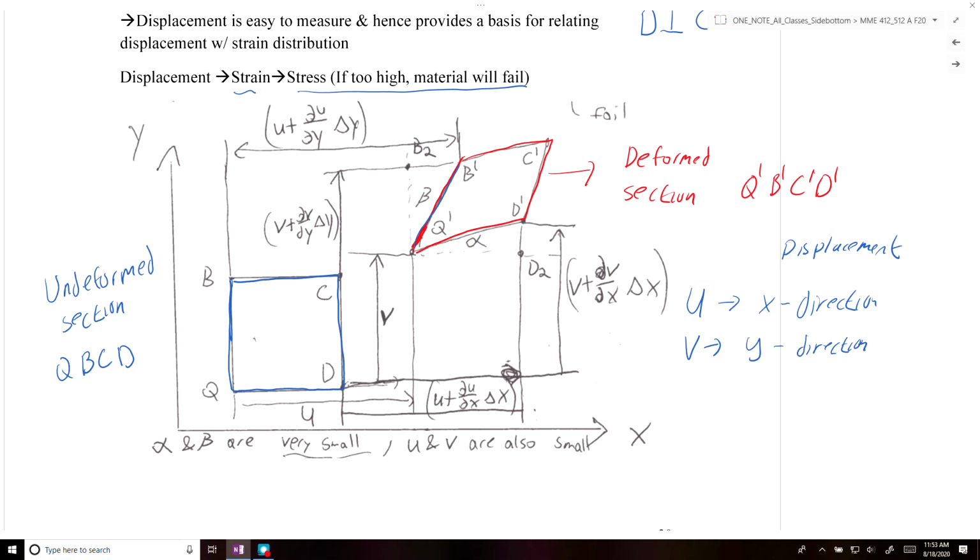For non-rigid bodies, U and V will be functions of their positions, x and y.